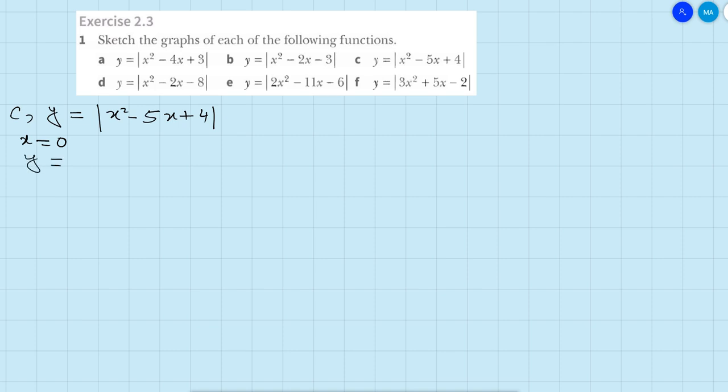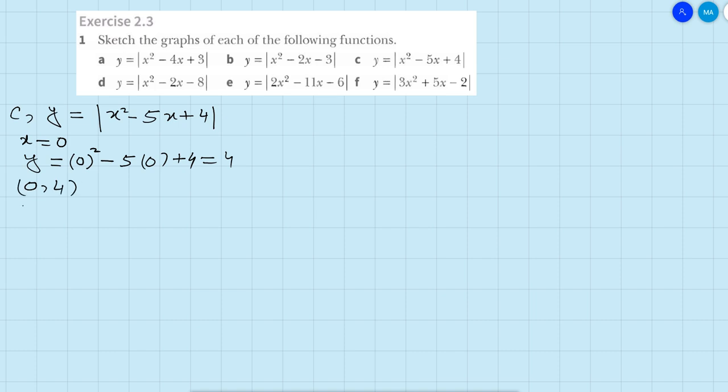So y is equals to 0 square minus 5 times 0 plus 4. So 0 minus 0 plus 4 is plus 4. So y-intercept is plus 4. So when x is 0, then y is 4.